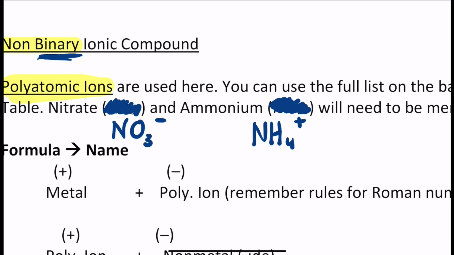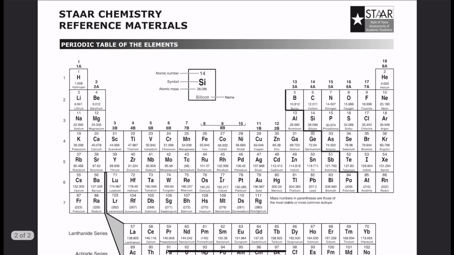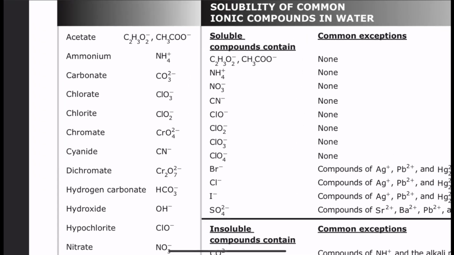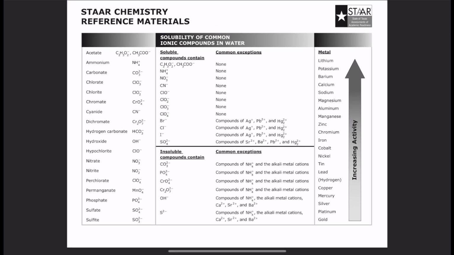For everything else, on your reference table for this class, you're going to look on the back of the periodic table reference materials. In class, the other side looks like this. On the very leftmost side, we do have this list of polyatomic ions. Here are the ions we're going to talk about in class.